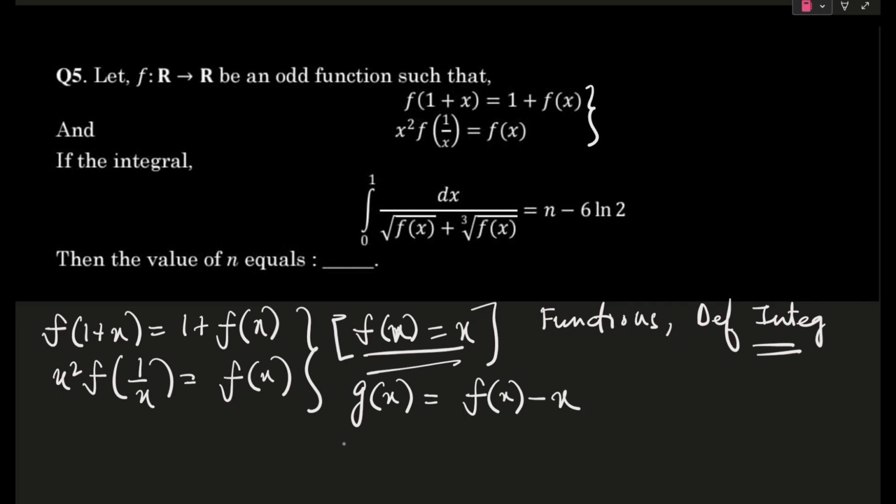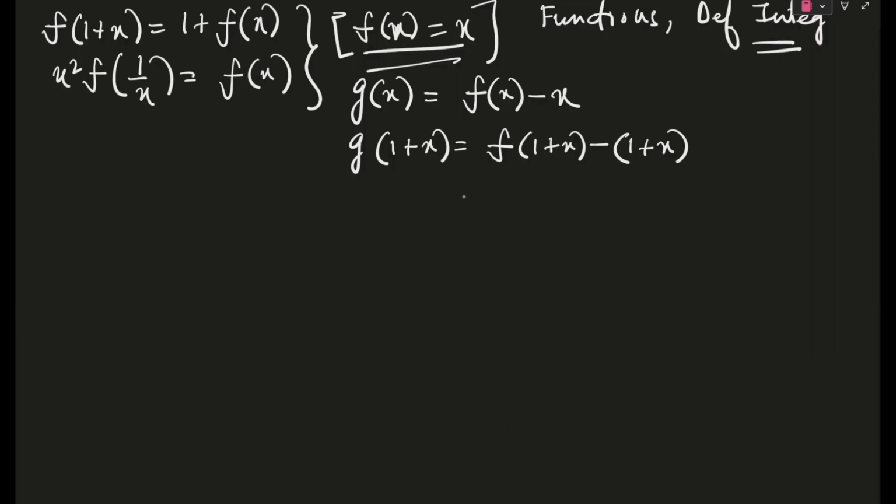Now if we find out g of 1 plus x, this will be equal to f of 1 plus x minus of 1 plus x. I am changing the page guys because I have no space here. And f of 1 plus x, from here we can put it as 1 plus f of x from this expression, minus of 1 plus x.